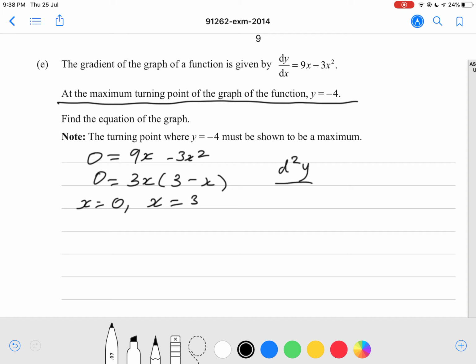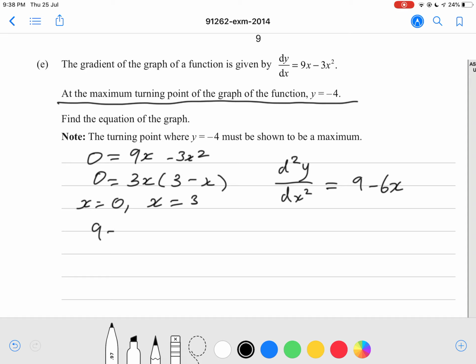So basically d squared y over dx squared, the second derivative, will give us 9 minus 6x, okay? Now we need to substitute and see which one will give us our maximum turning point and which one will give us our minimum turning point.